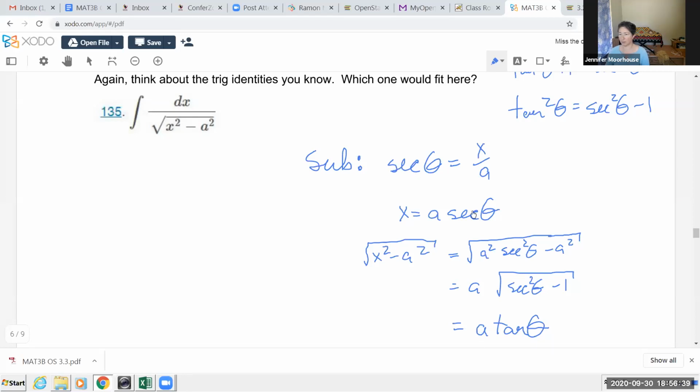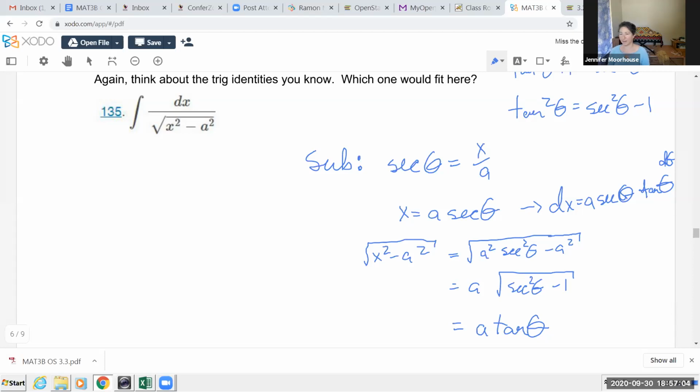Okay, so that's our x substitution, and then the dx, derivative of secant, sorry, is secant tangent d theta.